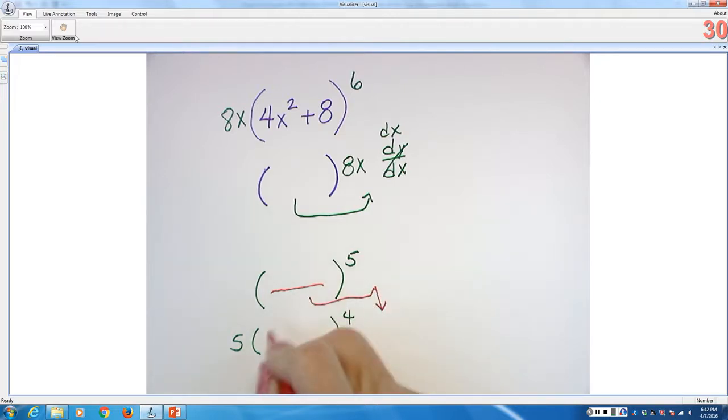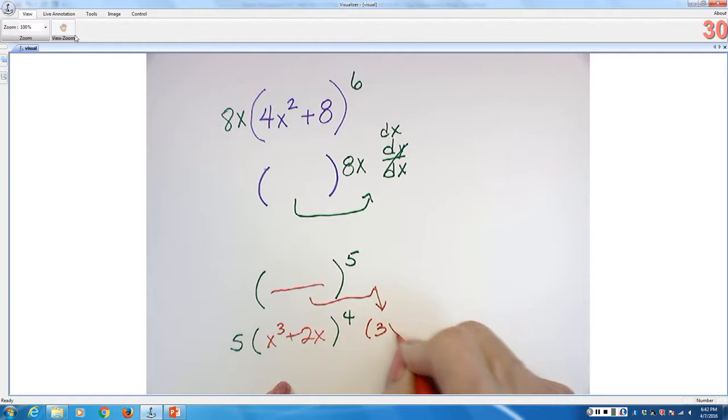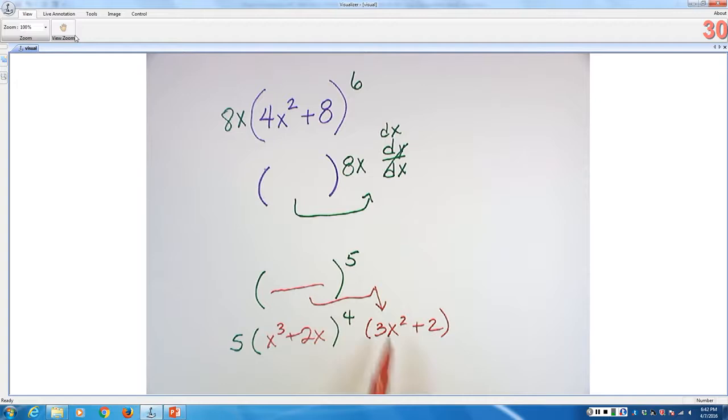Say this was x to the third plus 2x. You took its derivative and you multiplied by it. So when you try to undo that, you've got to have this derivative present before you can undo it. And fortunately, in the problem that we're looking at, we do.